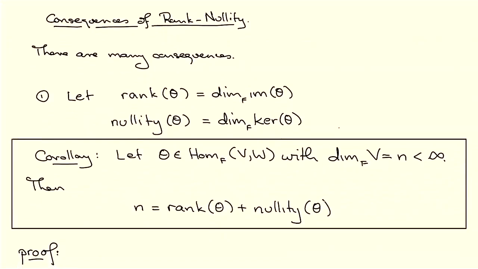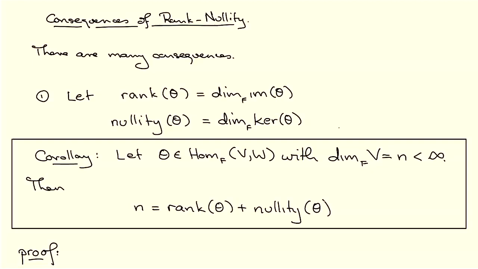This consequence is often actually called the rank nullity theorem, but the thing we wrote down earlier is a bit better because it doesn't have the finite dimensional parts tucked in. But there are these old-fashioned names. Rank we talked about the other day. If we're talking about the rank of a matrix, it's the dimension of the column space, but the column space is just the image of that matrix when you consider it as a linear operator.